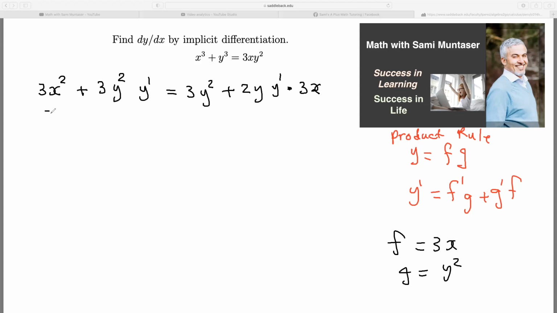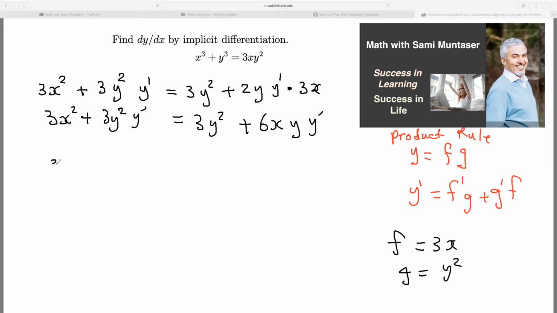Now here we have 3x squared plus 3y squared y prime equals, I'm just going to simplify this, 3y squared plus 6xy y prime. Now, at this stage, you want to bring everything that has a y prime to one side and anything that doesn't have a y prime to the other side.